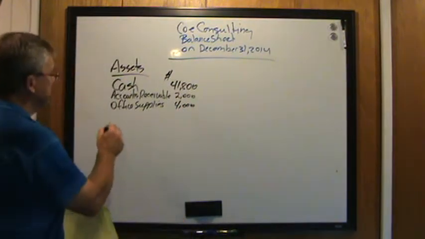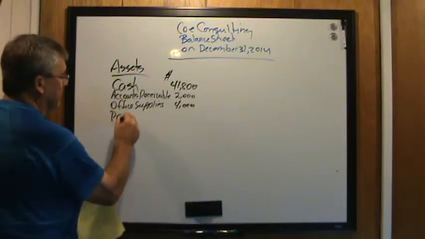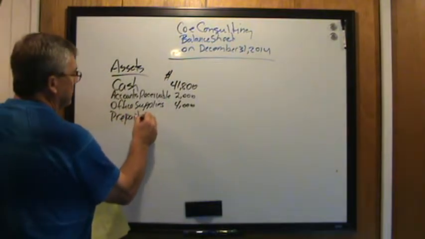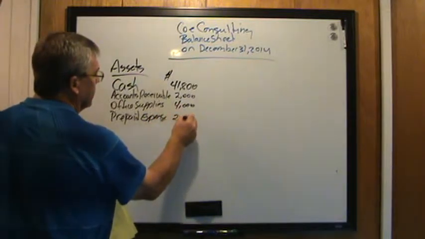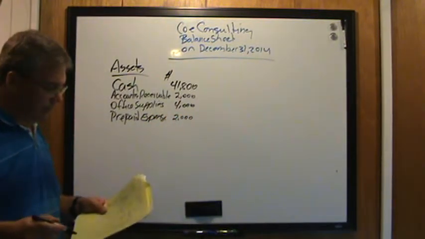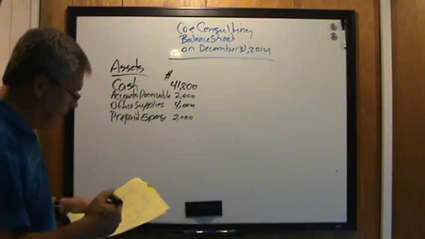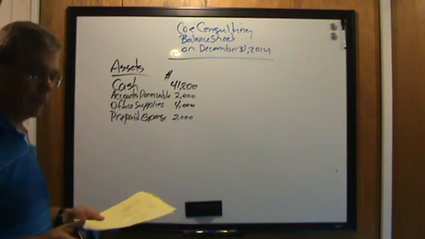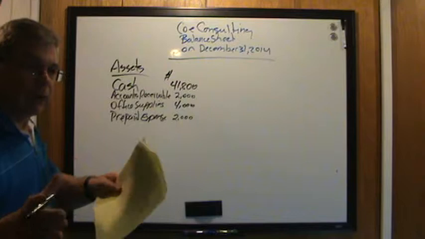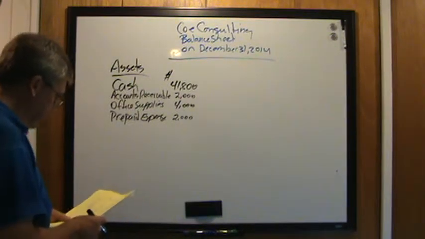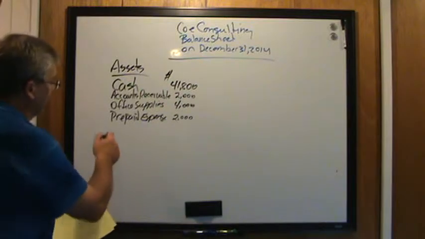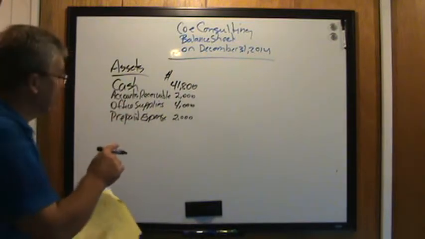Prepaid expense, the painting that we paid in advance for. Until it gets done, the person we gave the $2,000 to will owe us back. So it's an asset. It's like an accounts receivable, except it's for an eventual expense rather than relating to a sale. Those are the current assets if we were going to classify them.